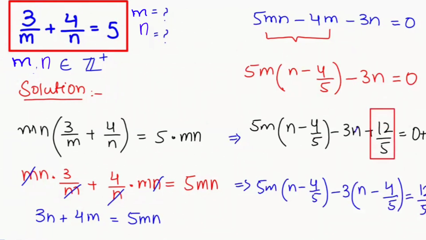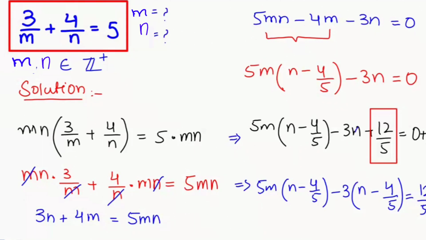And here I selected 12 over 5 because I want the same inner bracket value. So I am going to take the common factor of 3, and here I will get the same value of this bracket.